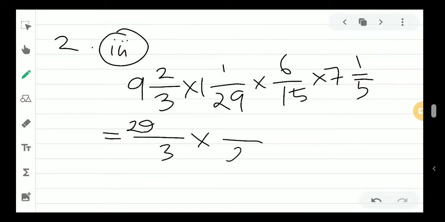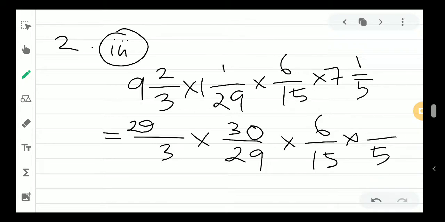Into, in here 29 ones are 29, 29 plus 1 is 30. In here 6 by 15. In here 5 7s are 35, 35 plus 1 is 36.